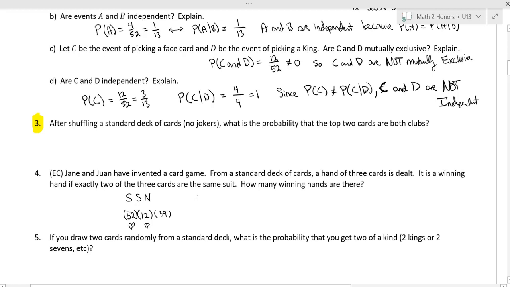But I could get the same suit first and last, and the middle one I get is not the same. Or maybe the first one I pick is not the same, and the last 2 are the same. So I need to add those options up as well. And if I work those out, I get the same 3 numbers as a product for the same reasons.